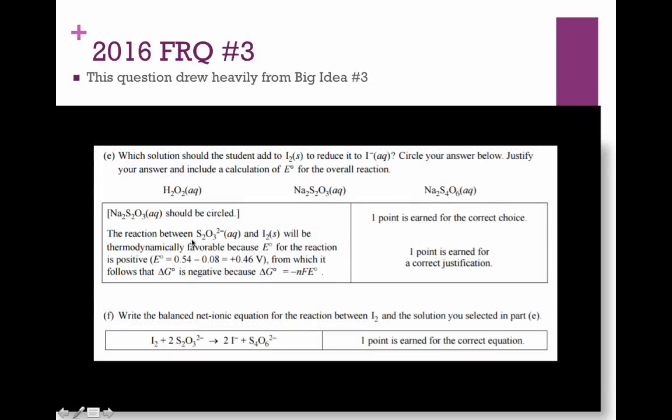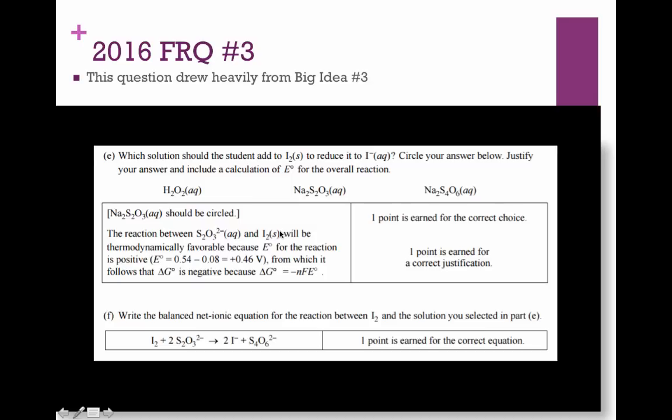And so in part E of this, you get 1 point for circling the Na2S2O3. And then the other point is earned for a correct justification. Notice it says, justify your answer and include a calculation of E naught. Well, your calculation can be your justification. Right? The reaction between S2O3 and I2 is thermodynamically favorable.